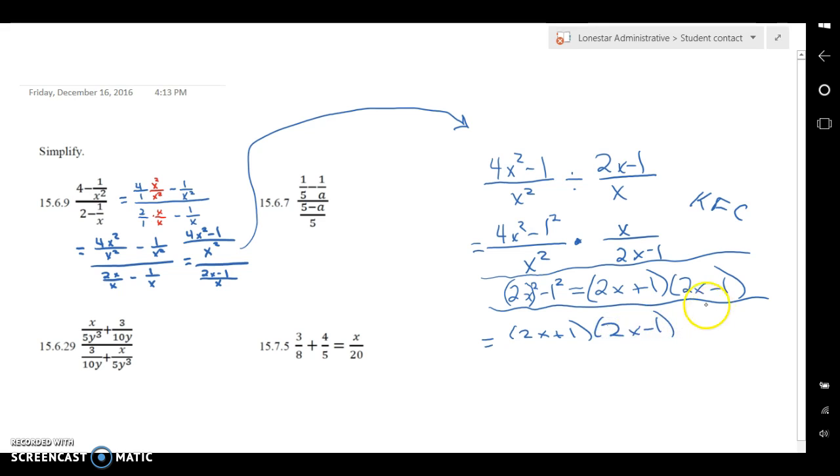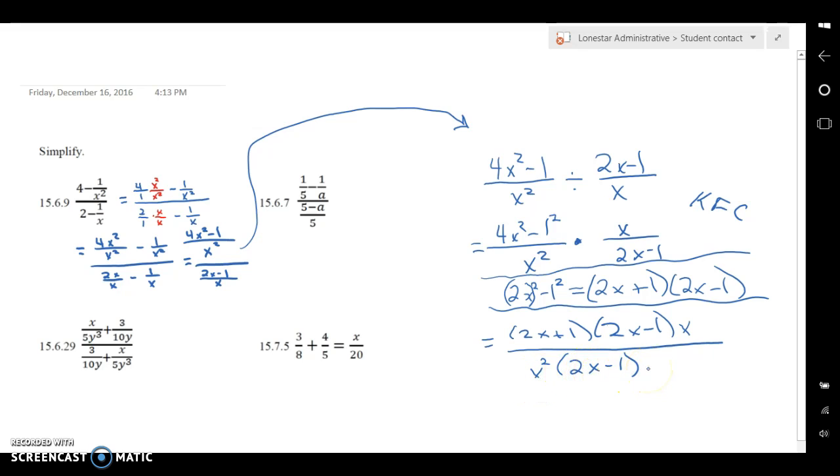Instead of 4x squared minus 1, we have that. Now when we multiply fractions, we multiply the numerators. So we multiply that times x, the numerator of the second fraction, and we multiply denominators. Okay, now everything is multiplied together. We have a binomial and a monomial on top, a monomial and a binomial on the bottom.